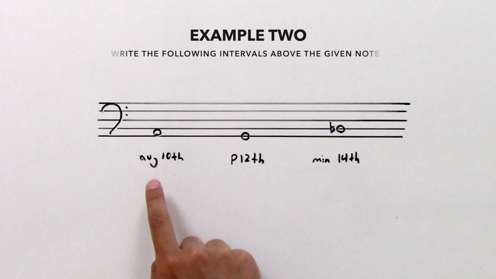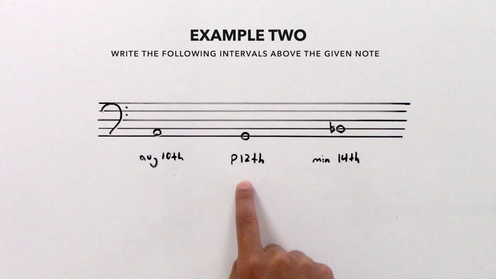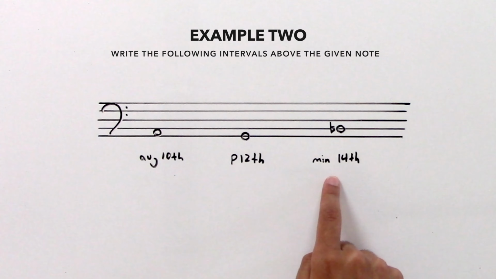So remember, when you're identifying compound intervals on a timed exam, you don't have time to count. Just create the simple version and extract your information from that label. Now we are going to practice creating our own compound intervals based on what the question tells us to do. Down here, we have an augmented tenth, a perfect 12th, and a minor 14th.